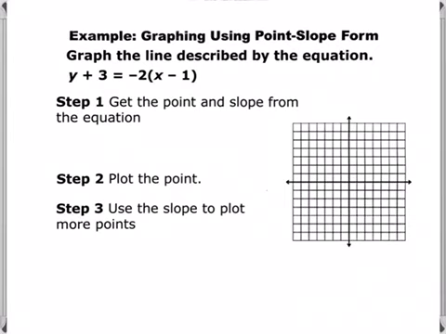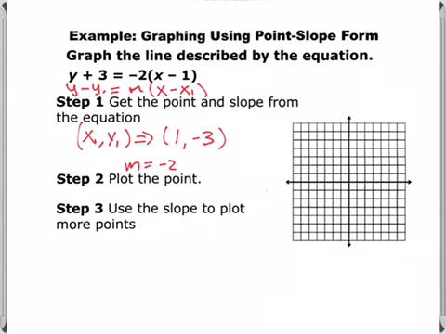Same thing in the next example. We're going to identify point-slope form, and we're going to try to find the x1, y1 point from it so we can graph a line. So our x1, y1 point in this case is going to be 1, -3. Our slope is -2.